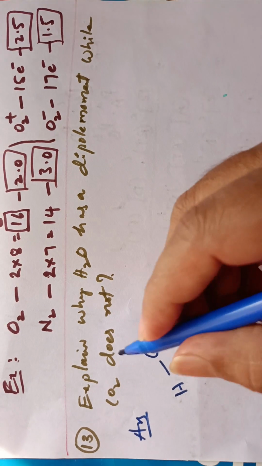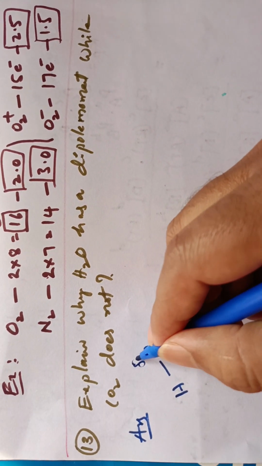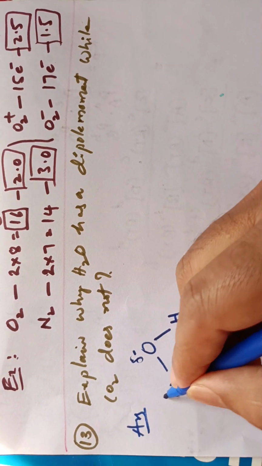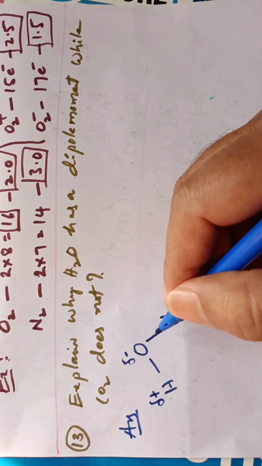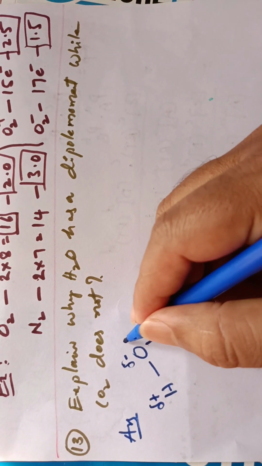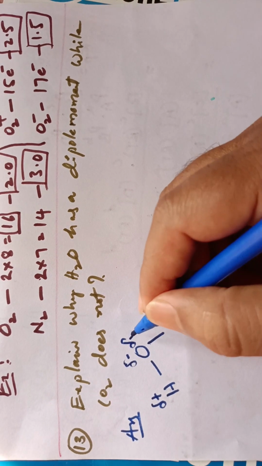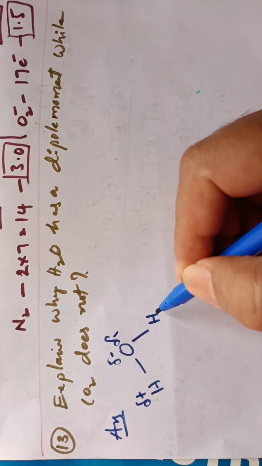Because of that, here it gets partially negative charge. Here it gets partially positive charge. In the same way, between these two atoms also, it gets partially negative charge because it has more electronegativity than the hydrogen atom.